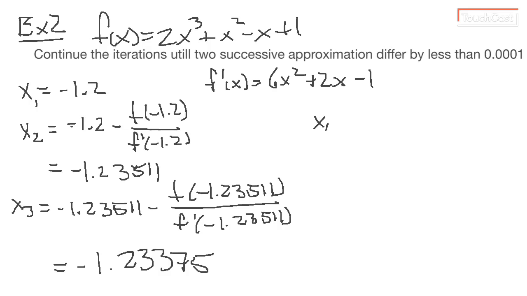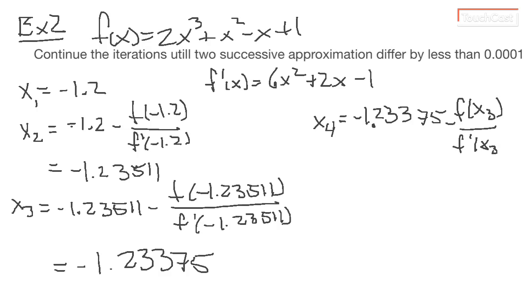So we're going to look for x4, or we're going to take -1.23375, and we're going to subtract f of that value. I'm just going to put x3 here over f prime of x3. I plug those into my calculator, and I get -1.23375 again.